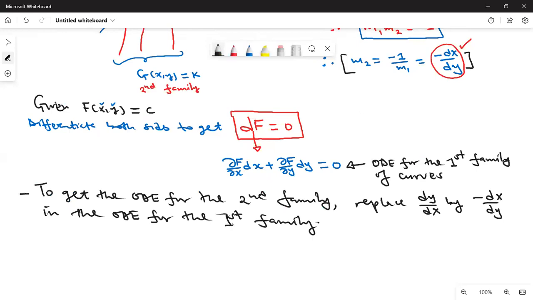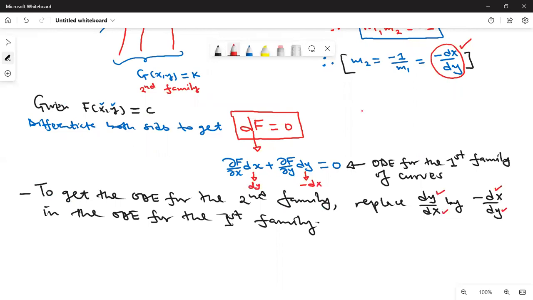So let's do the replacing of those differentials. What does it mean? Where there is dy, I'm going to write negative dx, and where there is dx, I'm going to write dy. So here, dx will now give us dy, and where we have dy is negative dx.